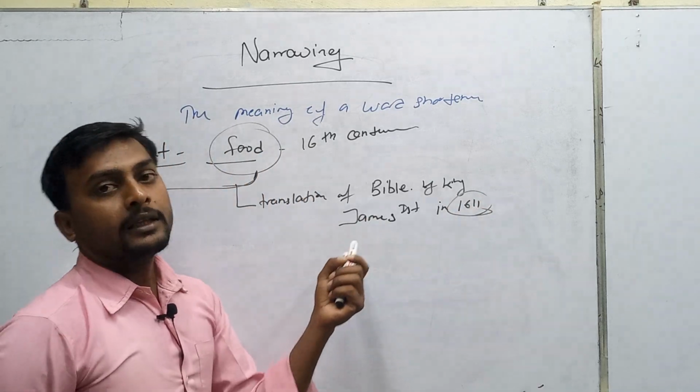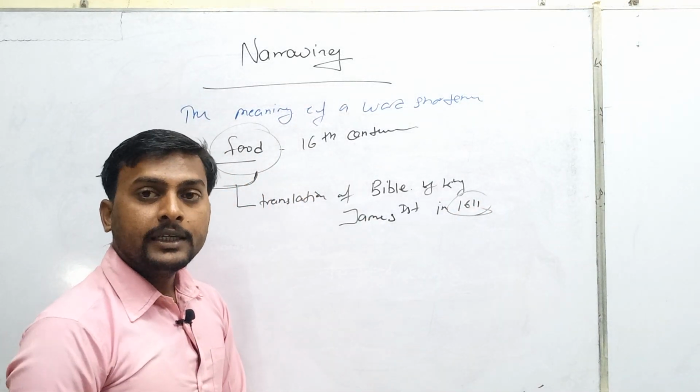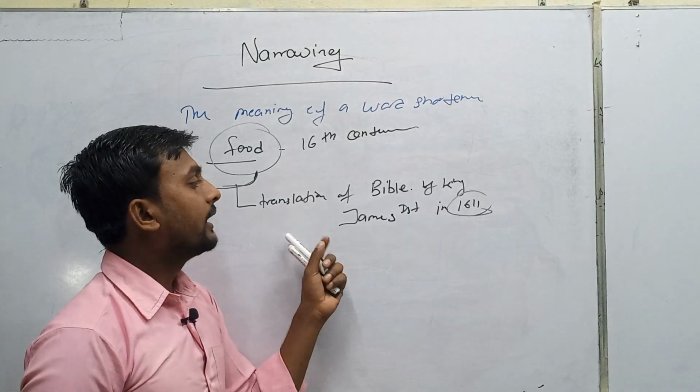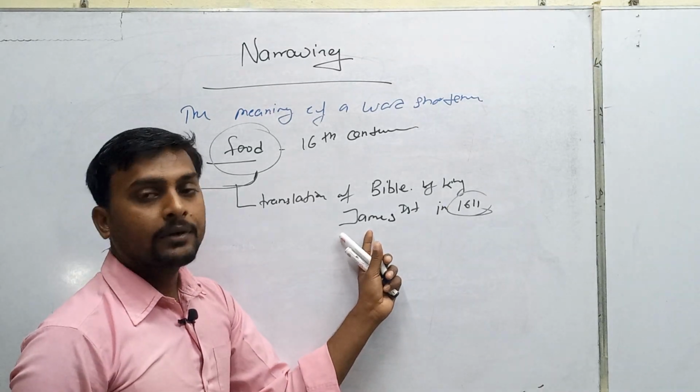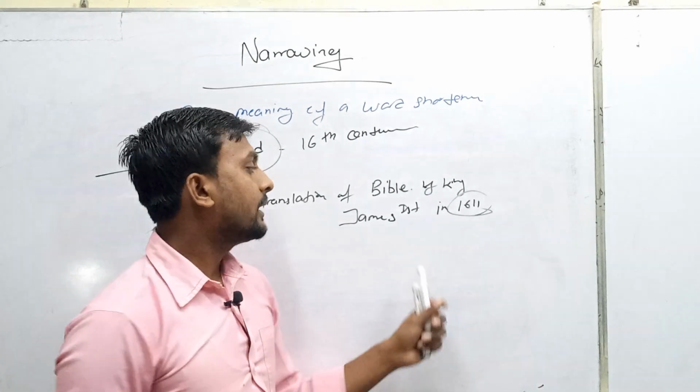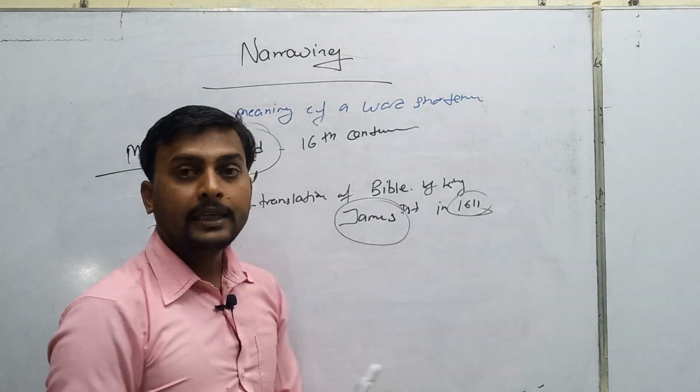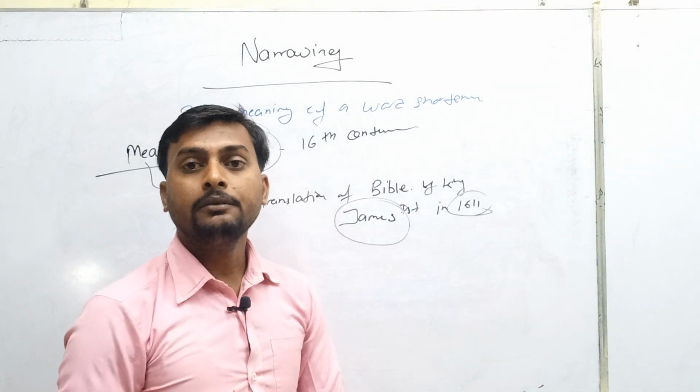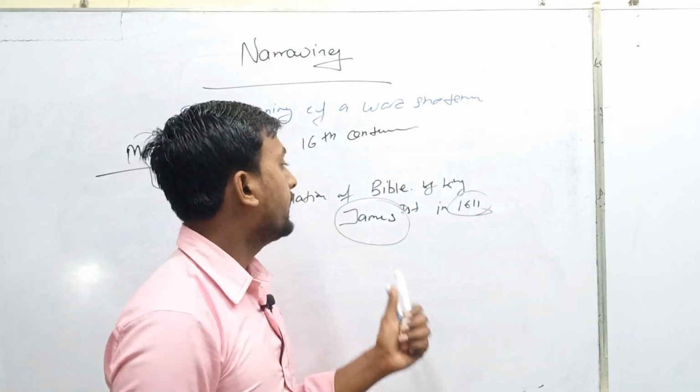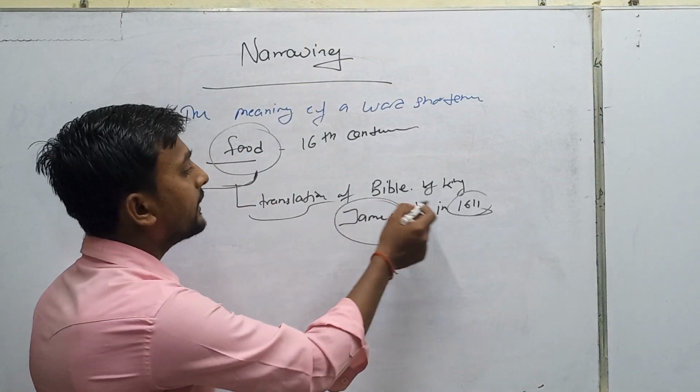King James I was enthroned as King of England on 24 March 1603, and he translated the Bible in 1611.